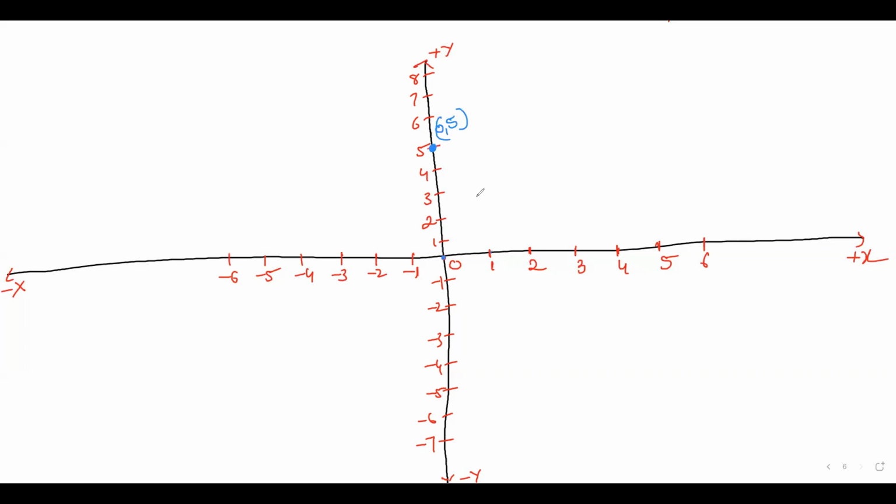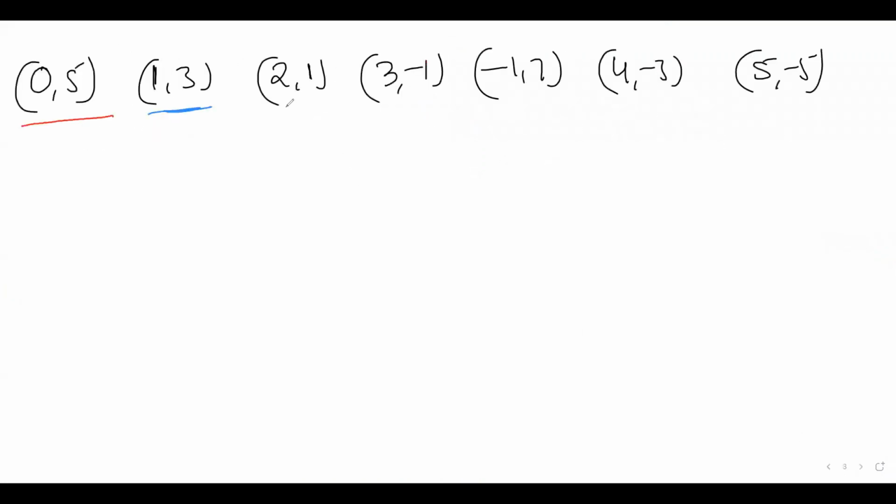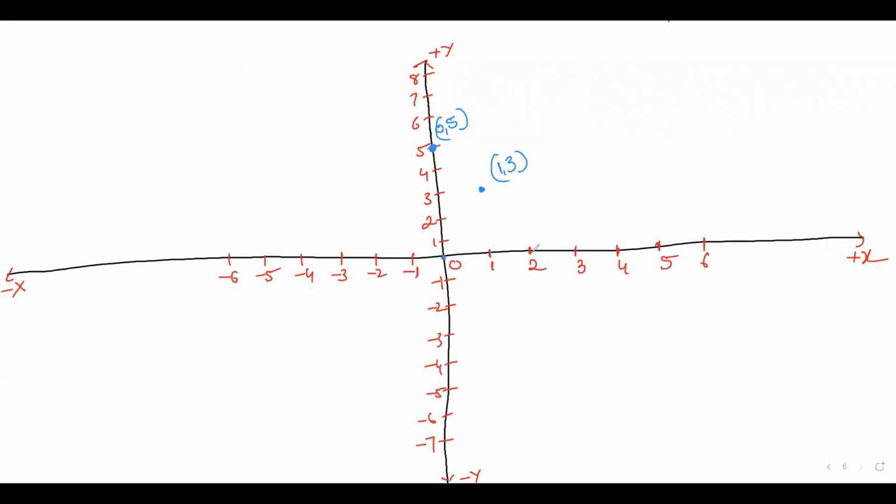This is 1, this is 3. Here you will get 1, 3. Okay, 1, 3 is the next point. 2 comma 1 is the third point. 2 comma 1 is here. You can see here 2, and 1. 2 comma 1, the third point.